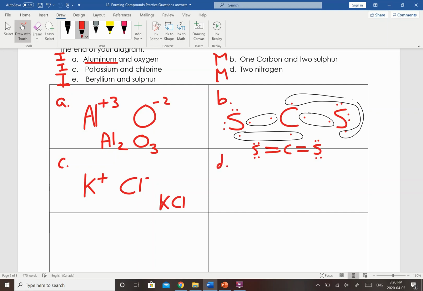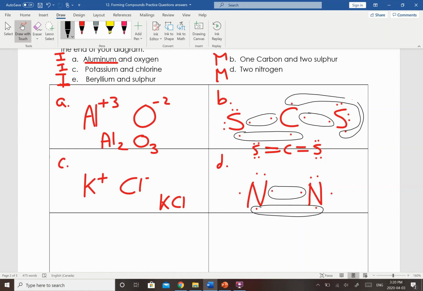D, 2 nitrogens. This is a nice tricky one. There's actually such a thing as a triple bond that we're going to see here. So nitrogen has 1, 2, 3, 4, 5. And we'll draw our first bond. And each nitrogen should see 1, 2, 3, 4, 5, 6. So we need another bond.